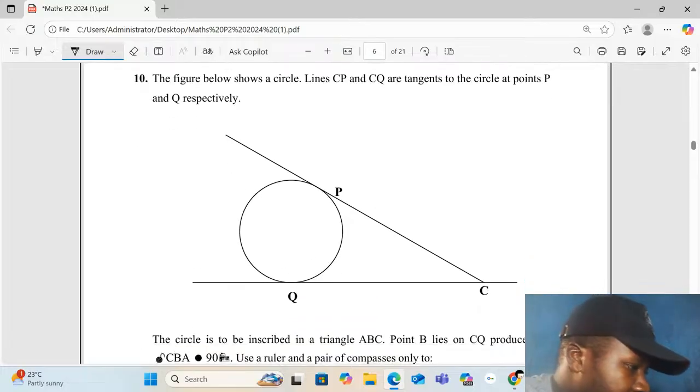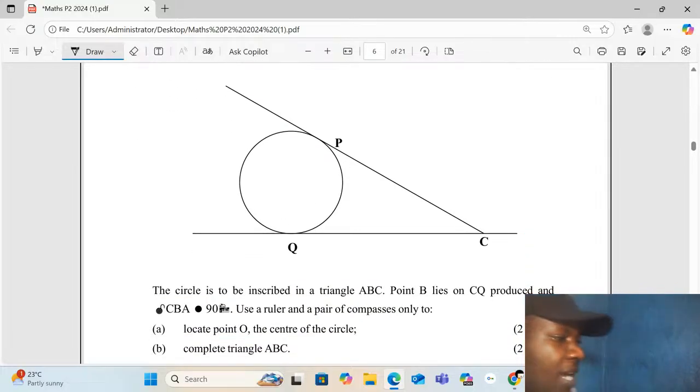Now, what is the question? The circle is to be inscribed in a triangle ABC.